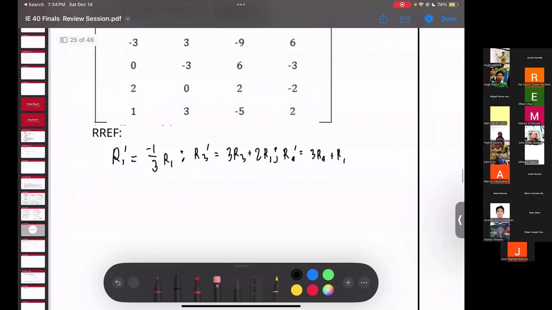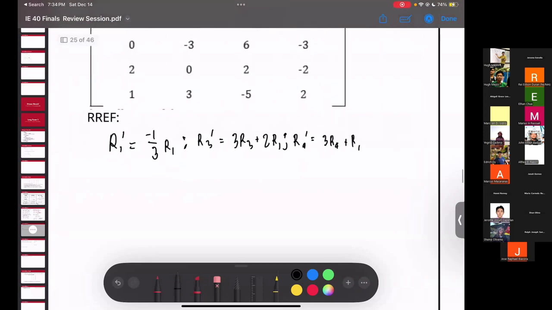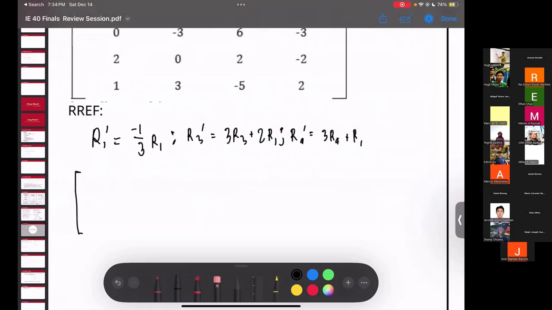Doing those three at the same time, it's okay naman to do that so it won't interfere with each other. That will give us 1, 0, 0, 0, -1 plus 3 minus 2, -3, 6, -3, 6, -12, 6, 0, 12, negative 24, 12.